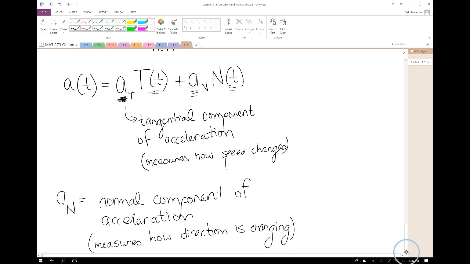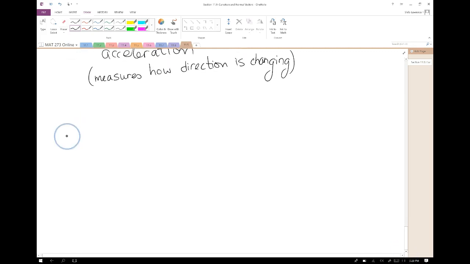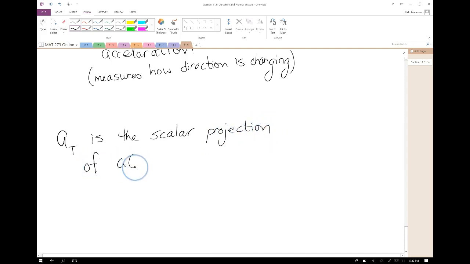And that's exactly what a sub t is. So a sub t is the scalar projection of our acceleration onto our tangent vector.